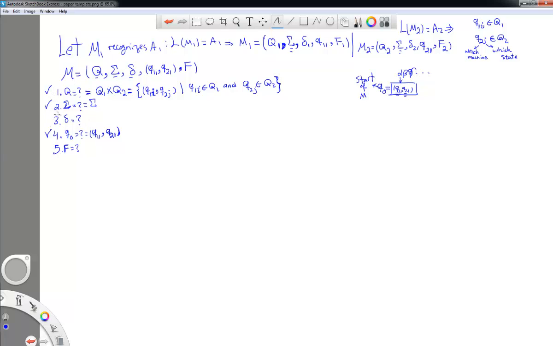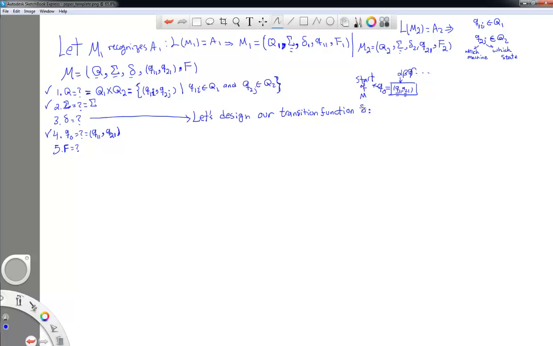The next fun thing is to design my delta. What I need to do is look at the deltas for each of the automata that I had. So let's go ahead and design our transition function, delta.